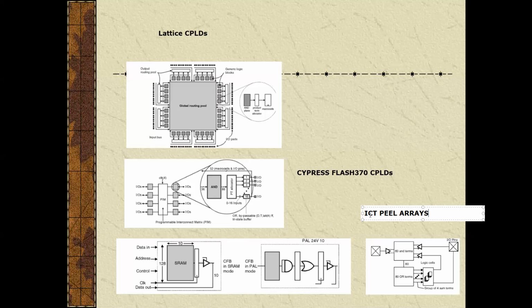This shows the logic cell in a PEEL array, which consists of a flip-flop configurable as D or JK and two multiplexers. The multiplexer produces the output of the logic cell and provides a registered or combinational output. The logic cell output connects to an I/O pin.